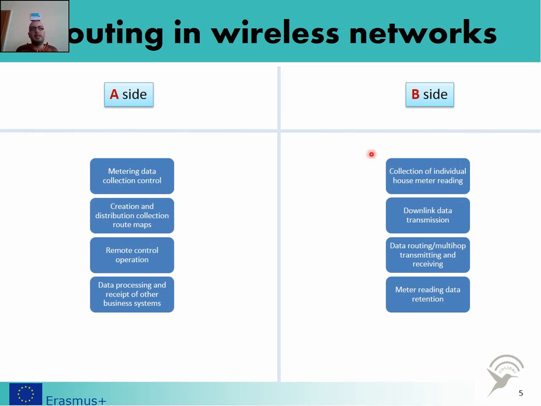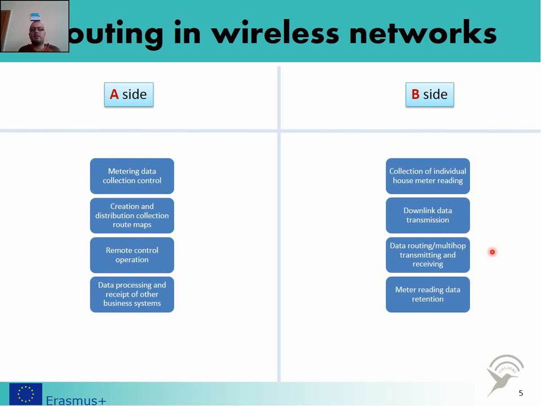The B side here is responsible for collection of individual house meter readings. Every meter is responsible for collecting the data from each home and transmitting it via hop-by-hop wireless communication. Downlink data transmission: if there are new tariffs, for example, the meter downloads it from the network.